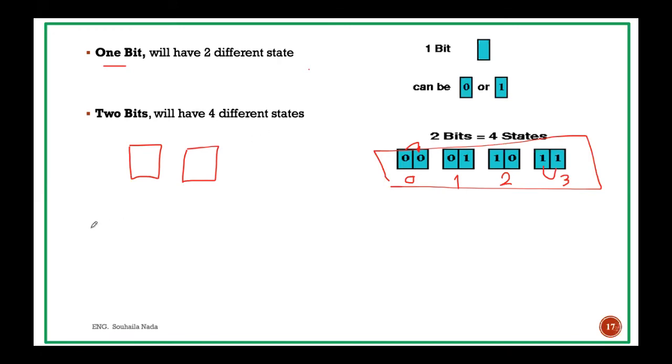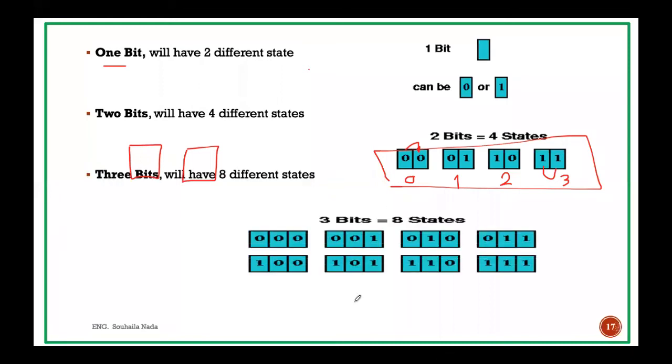What if we have 3 bits? Let us see together. If we have 3 bits, we have 8 different states: 0, 0, 0, or 0, 0, 1, or 0, 1, 0.